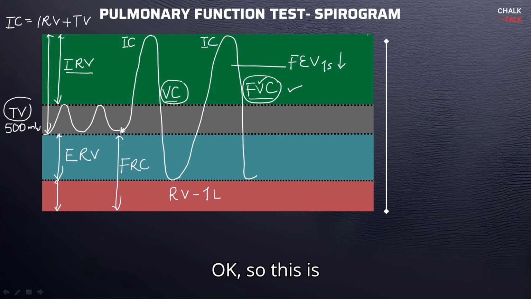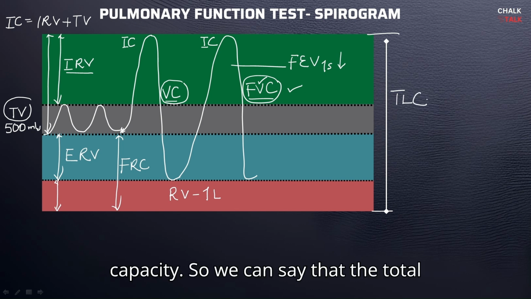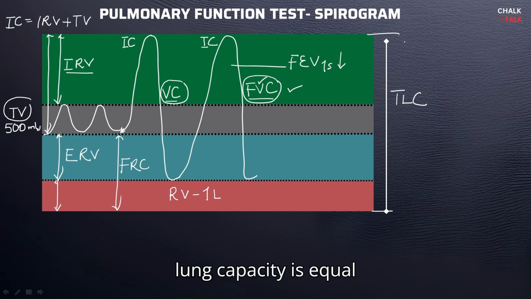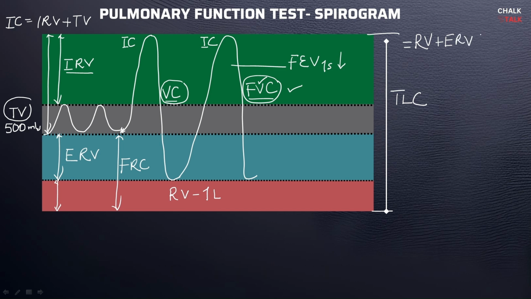Okay, so this is our total lung capacity. So we can say that the total lung capacity is equal to the residual volume plus the ERV, which is your expiratory reserve volume, plus the tidal volume plus your IRV.